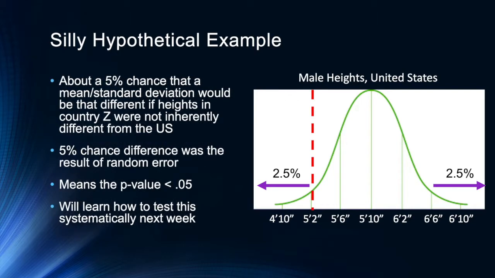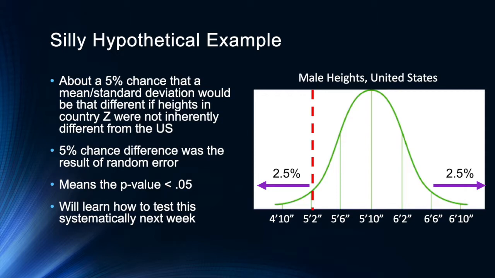So what this means in speak that will make sense, hopefully, is there is about a 5% chance that the mean and standard deviation would be that different if heights in country Z were not inherently different than the US. So I probably should have worded that differently. This is a little tough going through.